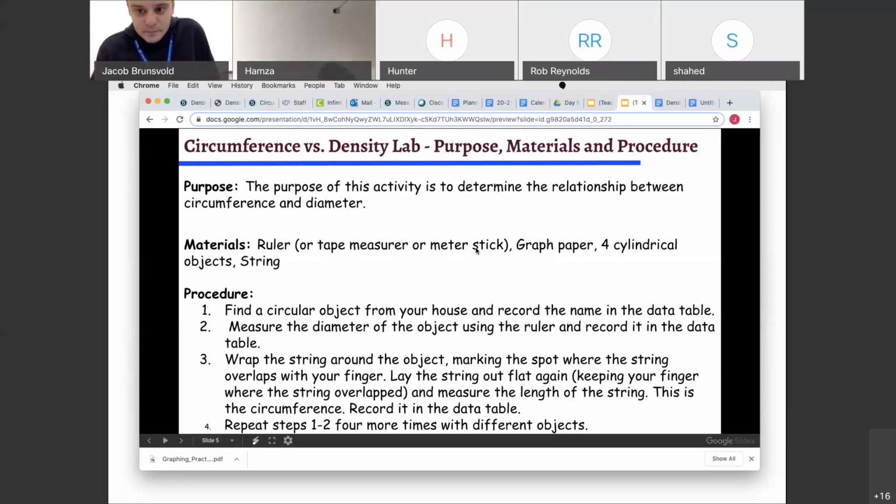Or a ruler, they will have that as well. Okay, and so watch the video because I show you how to do it, and I actually give you your first data point for this assignment. I measure a roll of tape.